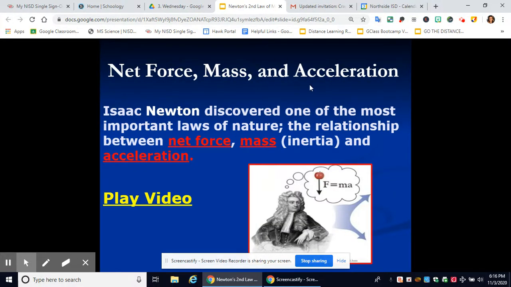Net force, mass, and acceleration. Isaac Newton discovered one of the most important laws of nature, the relationship between net force, mass, and acceleration. We call this inertia.